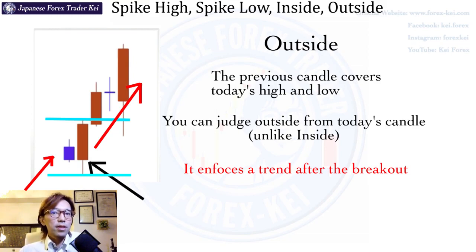I mean, when there's a daily chart. However, as for the inside, just by looking at this candlestick right here on this day, you still don't know if it's going to be inside or not until you see the next candlestick, you see? But as for the outside, you can tell it from today, right? After today's candle covers previous day's high and low.